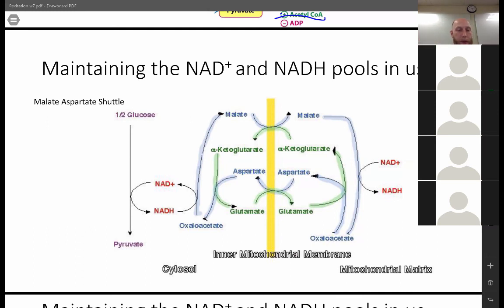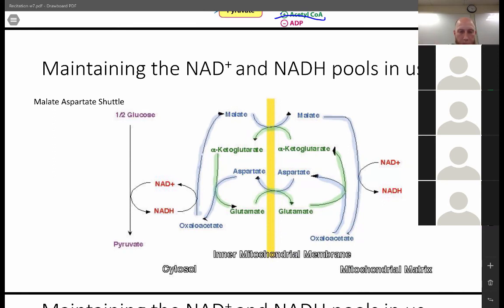Well, then you would run into a situation where you have no more NAD plus to reduce into NADH. And in that case, your system would essentially stop. It would be like losing all sugar for the brain. You just wouldn't be able to oxidize or reduce anything, and so your cells would eventually die because of that lack of ability to maintain an oxidation-reduction process.